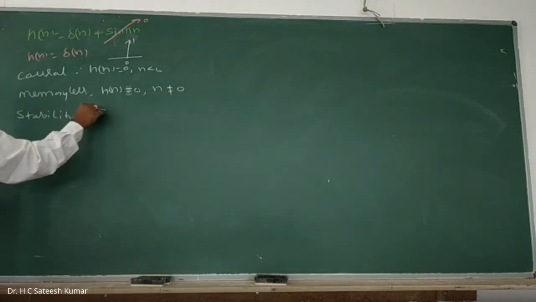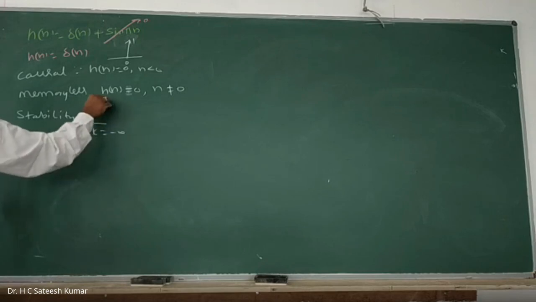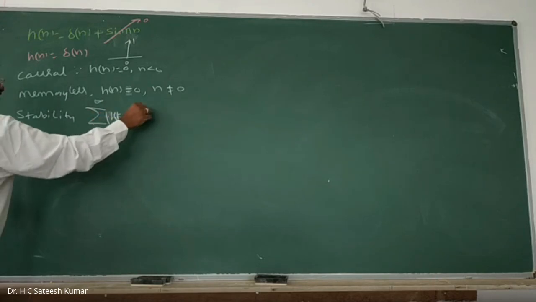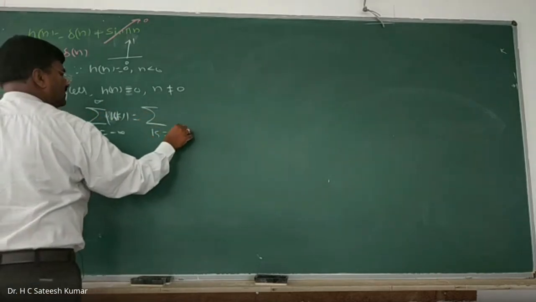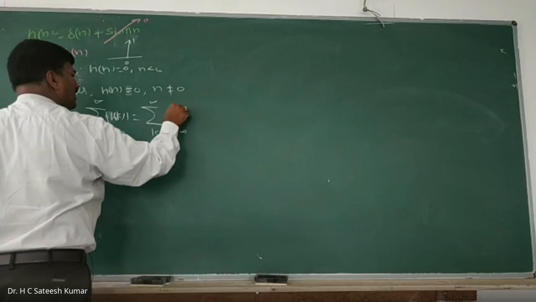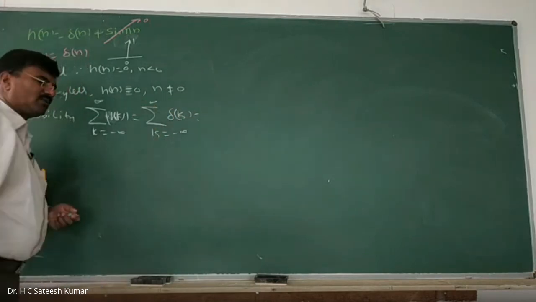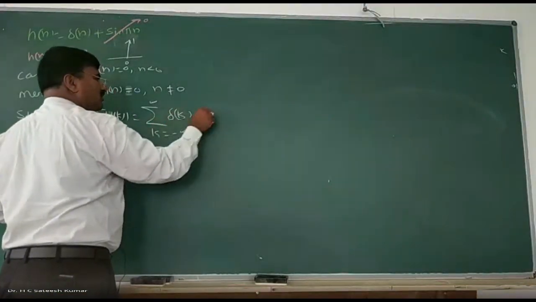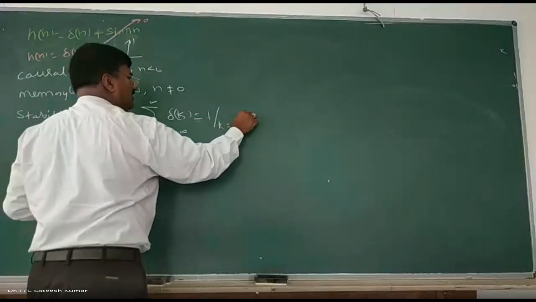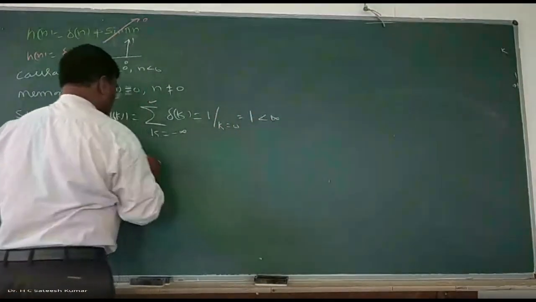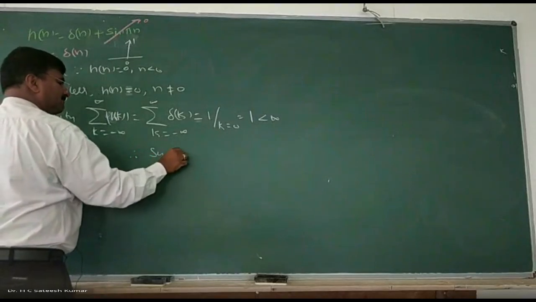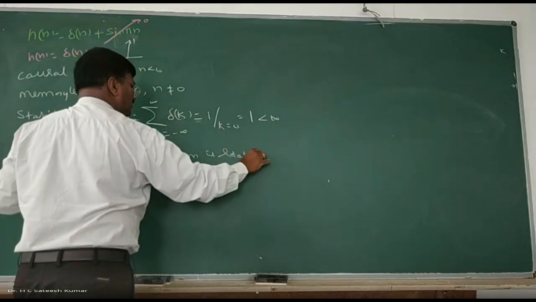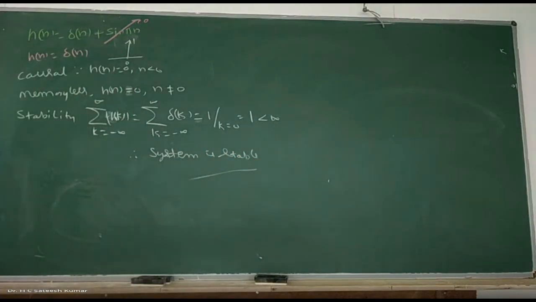Now we have to go for summation. Summation here is from minus infinity to plus infinity, magnitude of h of k is equal to summation k ranges from minus infinity to plus infinity, delta of k. Even though summation is there from minus infinity to plus infinity, this will exist only for k is equal to 0. At k is equal to 0, its value is 1. This is less than infinity. Therefore, system is stable. So like that, solve the problems related to this.